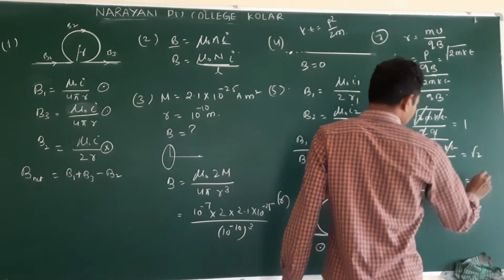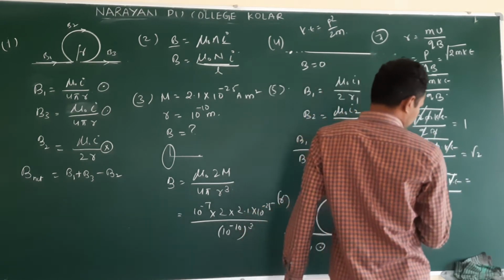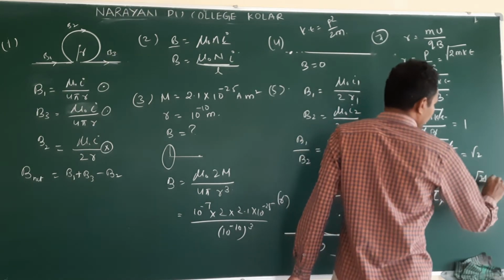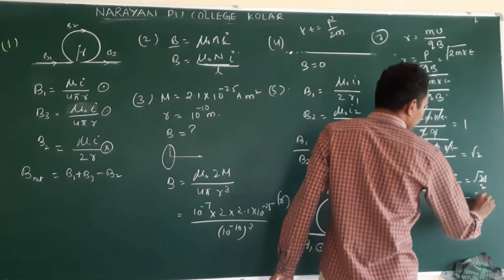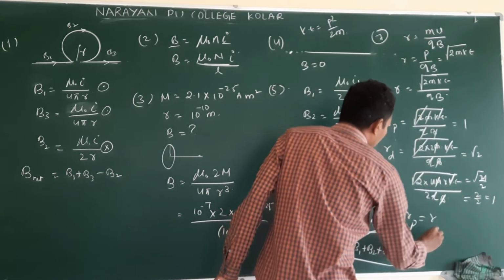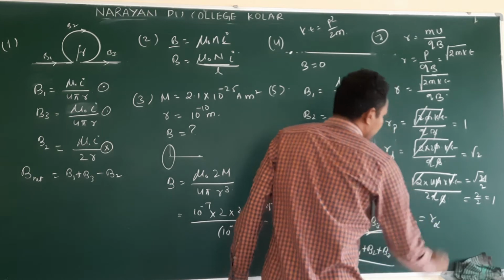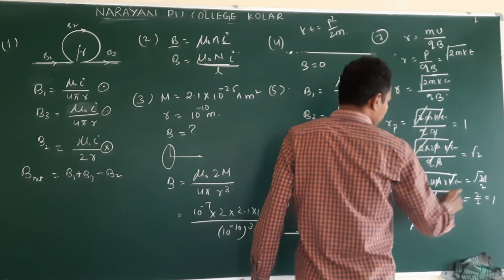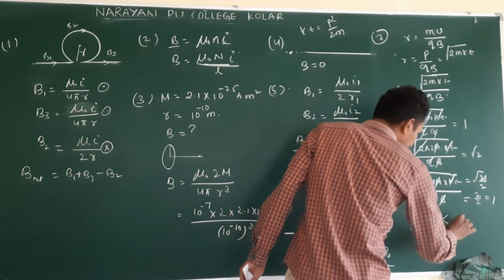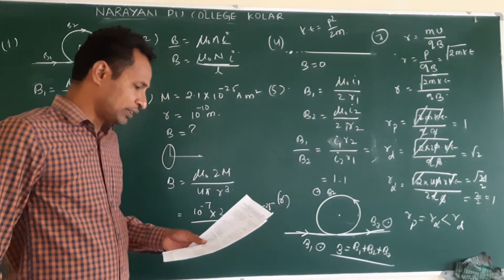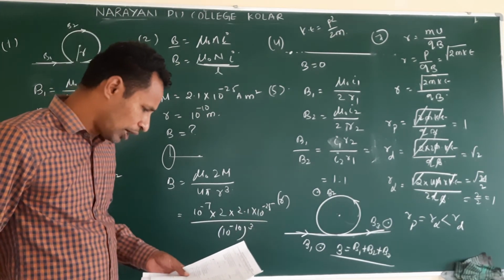Here we have root 4 by 2, root 4 by 2. Then 2 by 2. This is 1. What does that mean? Rp is equal to R alpha. These two are 1, the other one is root 2. Then Rd is greater. So option 1 is correct.